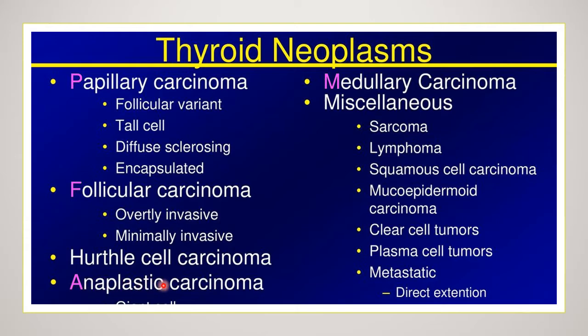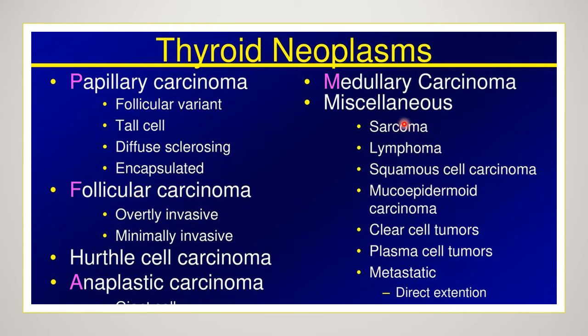Then anaplastic carcinoma, lastly medullary carcinoma from the C cells of the thyroid. Papillary and follicular are considered differentiated carcinomas, DCT, differentiated carcinoma of the thyroid.